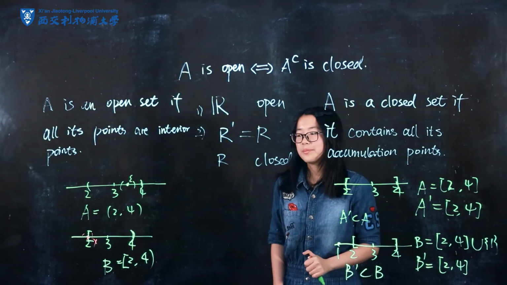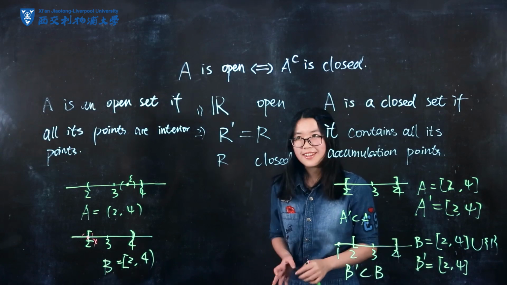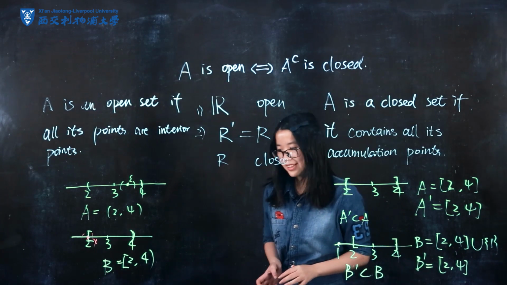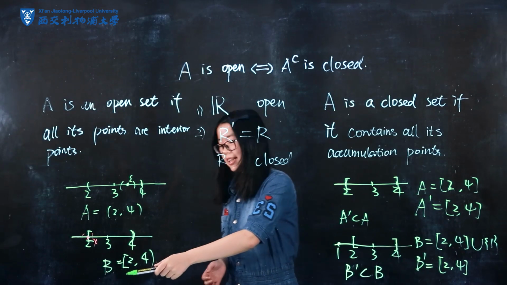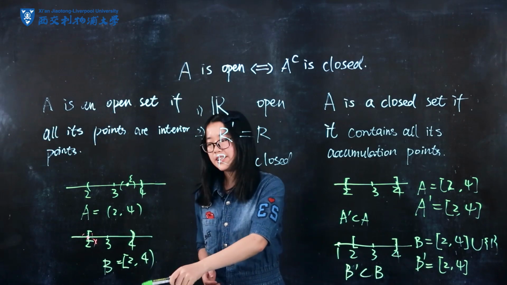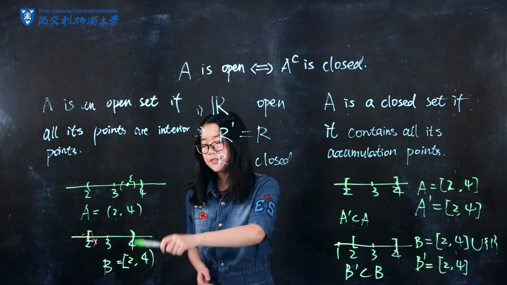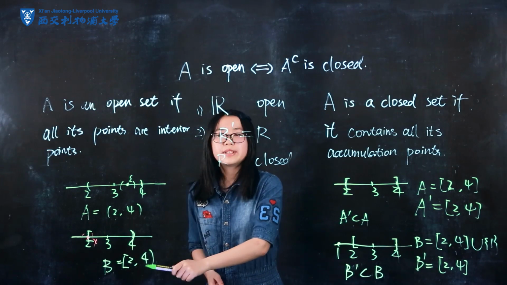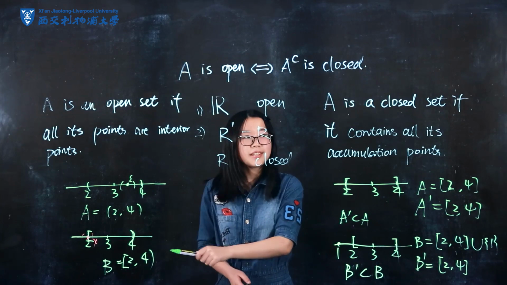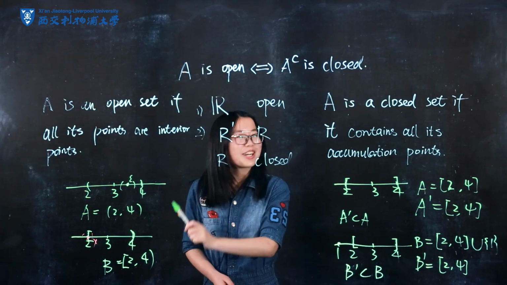A set can also be neither open nor closed at the same time. Just like the example here, B is defined as 2 to 4, where 2 is contained in the set while 4 is not. We've already shown that B is not an open set. So is B a closed set?